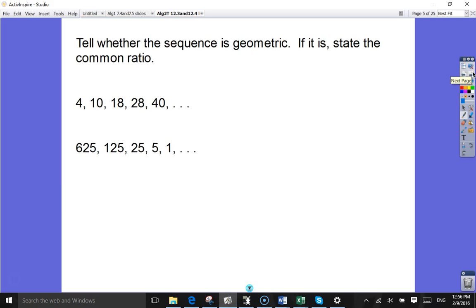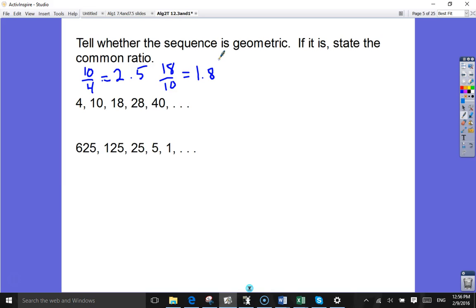All right, so let's look at these. Are they geometric? If they are, what's the common ratio? How about the first one? When the numbers are kind of funny, you probably are going to have to take that ratio, right? 10 over 4 is 2.5, right? What's 18 over 10? How about 1.8?